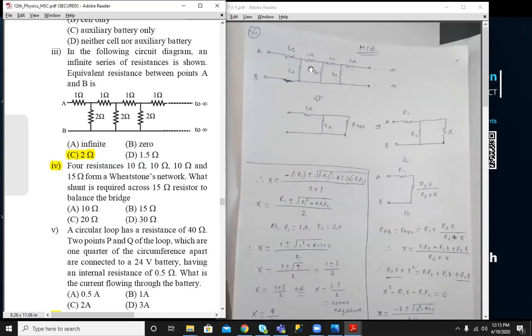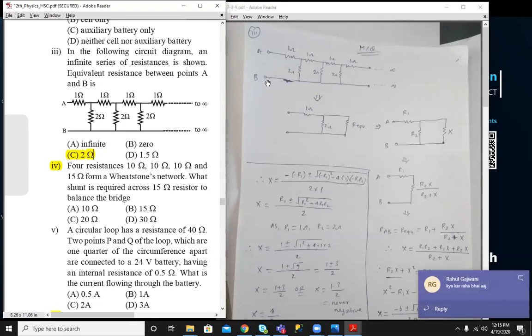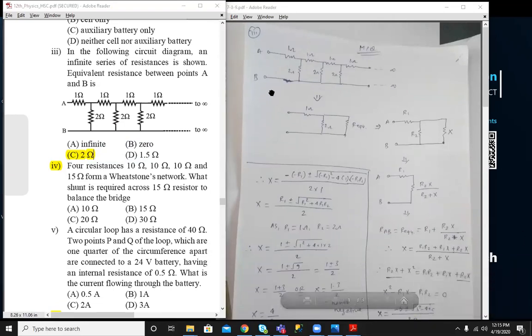I just want to explain once again. This 1 ohm, 2 ohm, 1 ohm, 2 ohm are going to repeat. So the resistance between A and B will be R equivalent, or X. As it is going to repeat again and again, we assumed it is R equivalent.